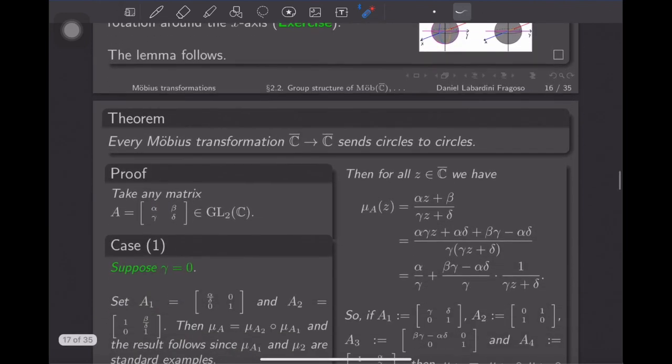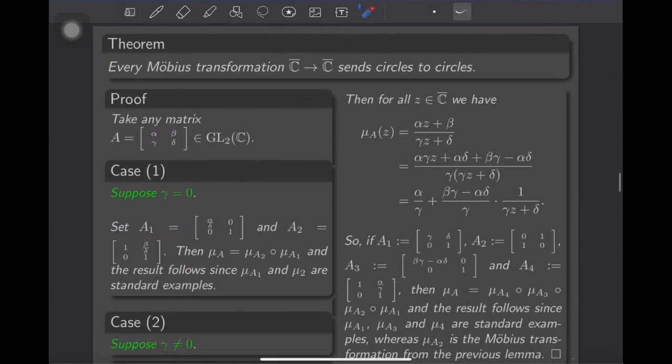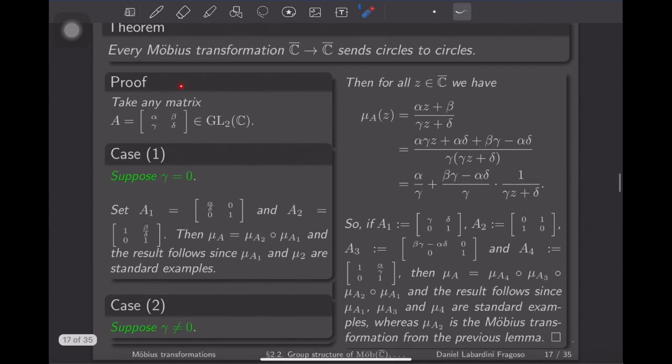Okay, and now let's show that every Möbius transformation sends circles in C bar to circles in C bar. So I take any matrix, and two cases: gamma equal to 0, and gamma different from 0.